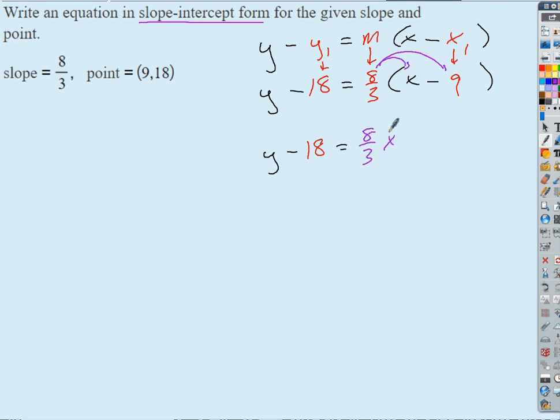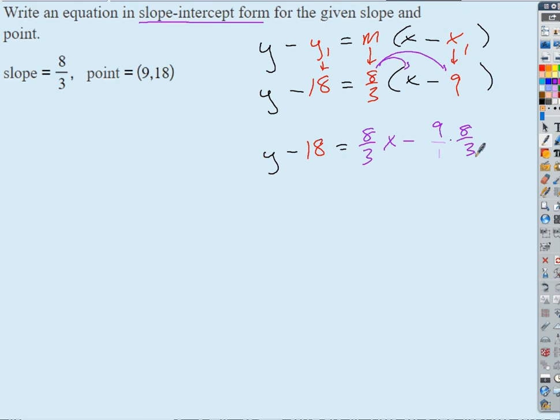Good, so I get 8/3 x minus 9 over 1 times 8/3, right? When I distribute the 8/3 to that number. Okay, well, what can we do there? I can multiply straight across. When I'm multiplying fractions, I can multiply straight across and then reduce the fraction if I want to. I'd get 72 over 3, which is fine.